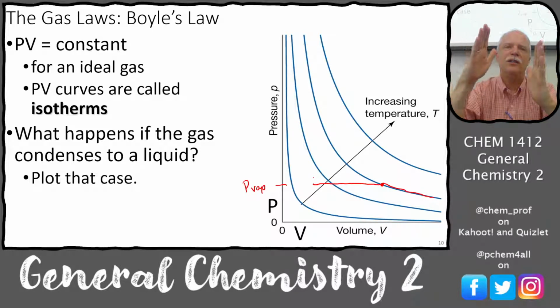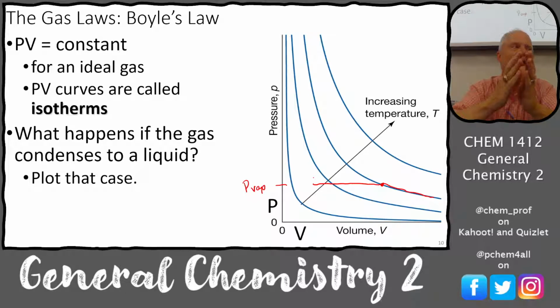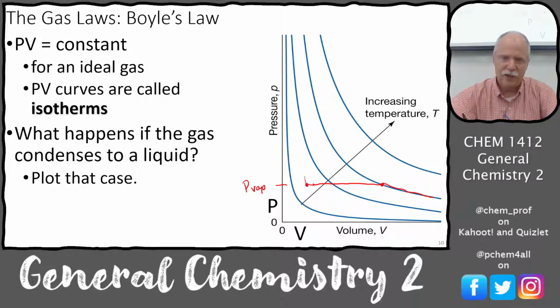So we're just squeezing until we squeeze all the gas into the liquid state, and now we're pushing on the liquid. We'll eventually hit a point where we've squeezed all of the gas into the liquid state, and now if we try to press on it, we're pressing on the liquid and trying to shrink the liquid, and liquids are not very compressible.